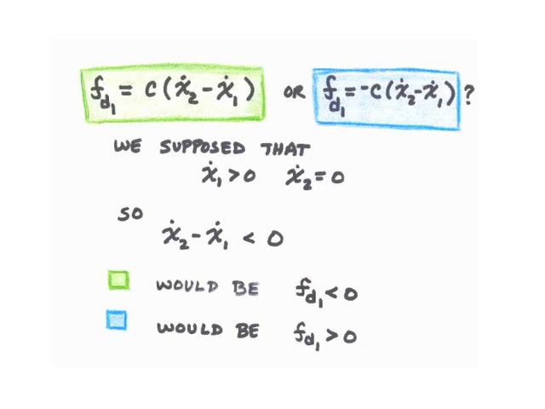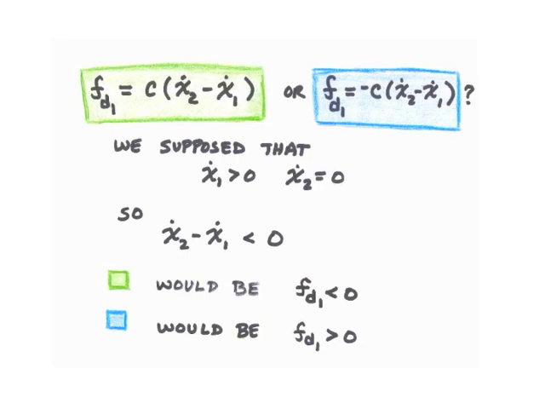So x2 dot minus x1 dot should be negative. In our thought experiment, x2 dot minus x1 dot is negative.